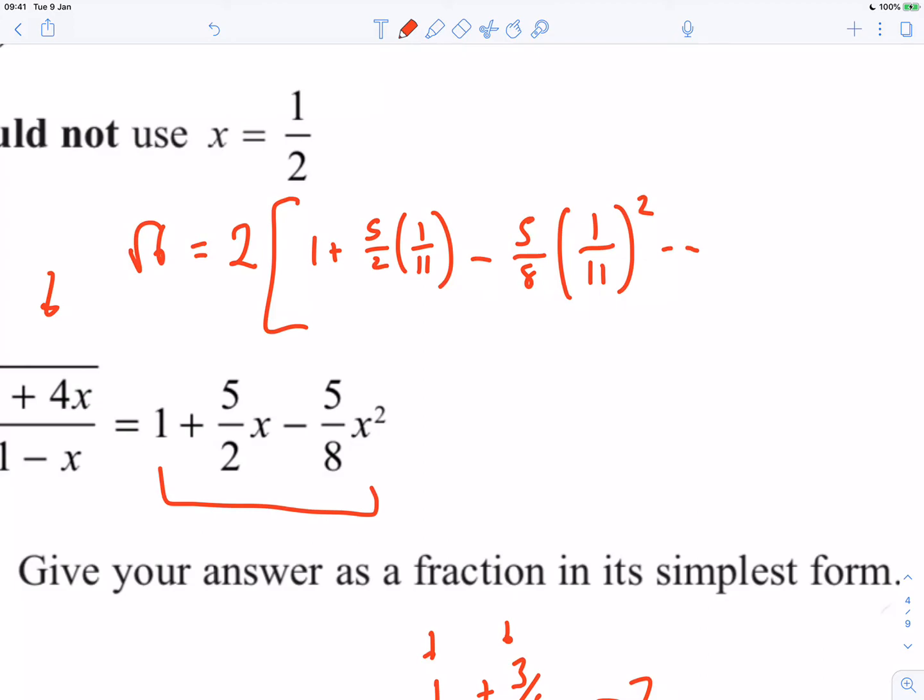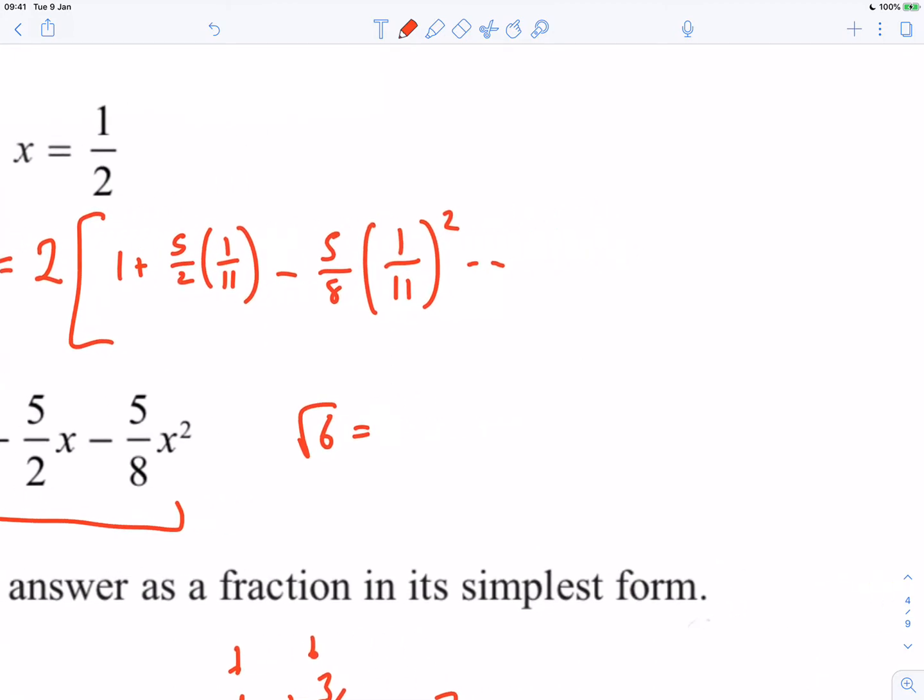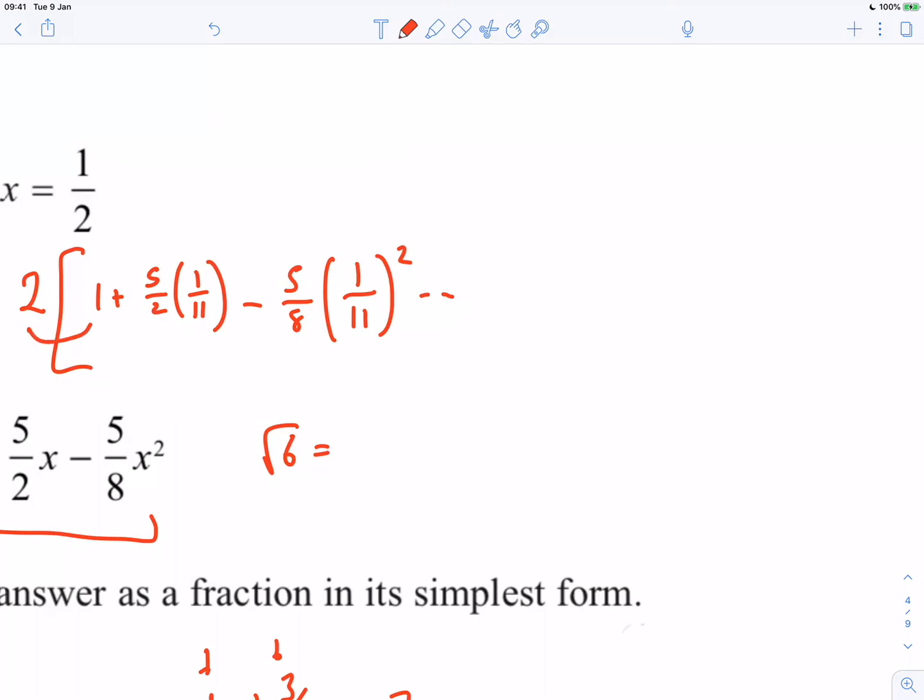Right. So in its simplest form, root 6 is going to be 2 lots of 1 is 2, plus 2 lots of 5 over 2 is 5. 5 times 1/11th is 5/11ths. 2 times minus 5/8 is minus 5/4, and this is times 1 over 11 squared, which is 1 over 121.